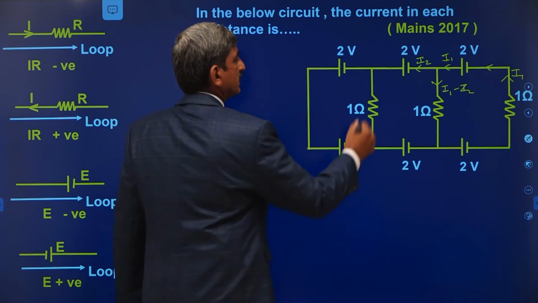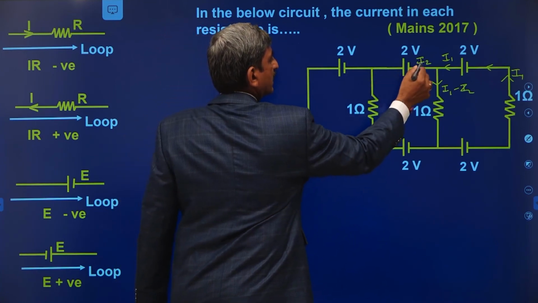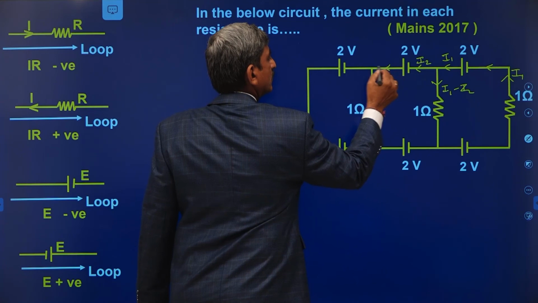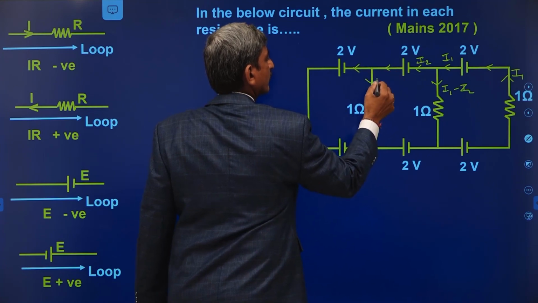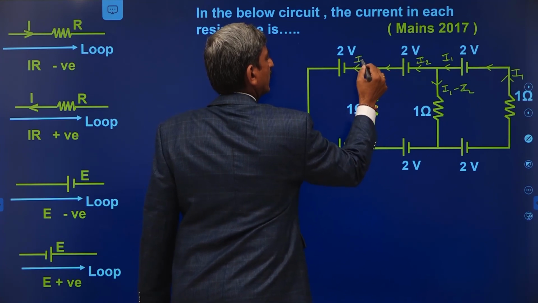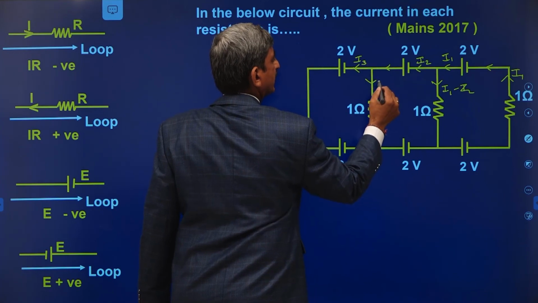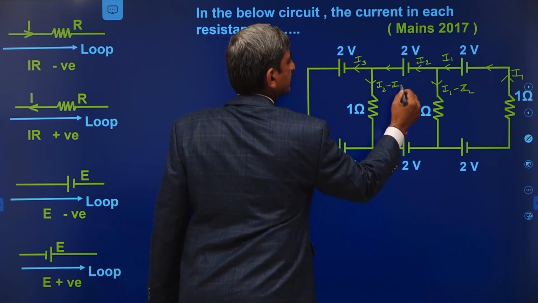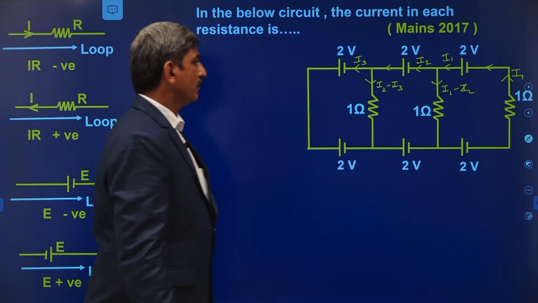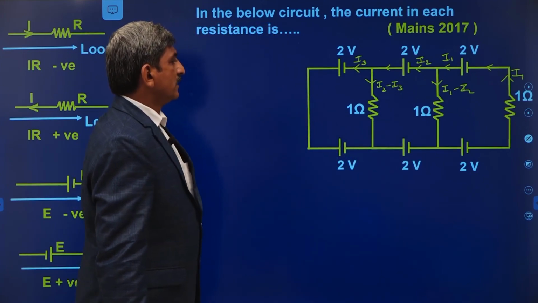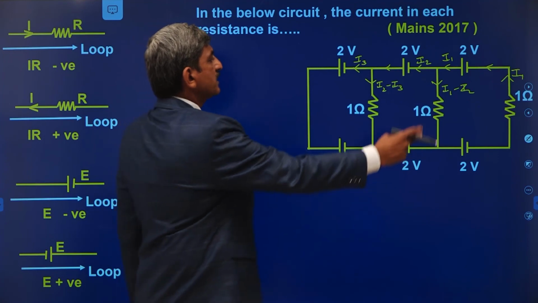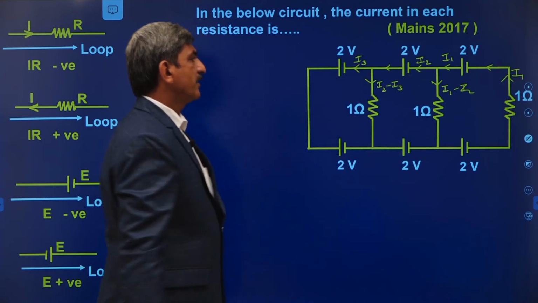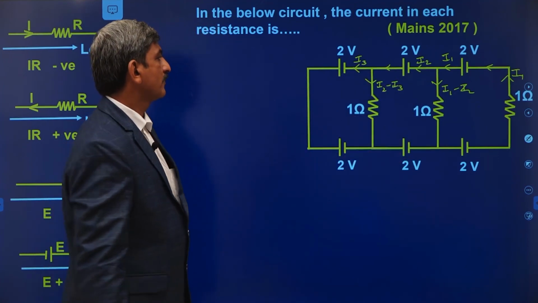Here, at this point, the current I2 again divides into two portions. Let it be I3, and this is I2 minus I3. Now these currents are passing through the different branches of the circuit.